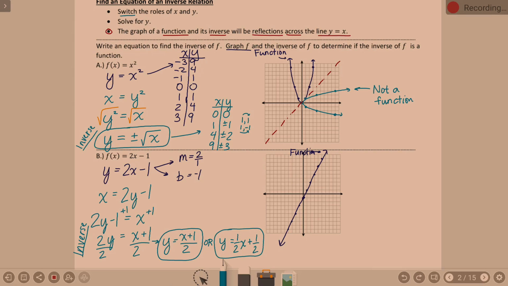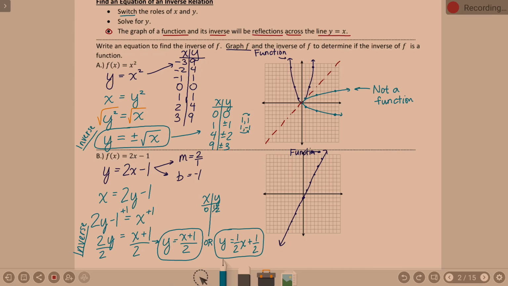So, what else could you do if you don't want to do slope-intercept? Could you do an XY chart? Yeah. Put in 0. And I would even put in 0 here on the left. What is 0 when you put it in? 0 plus 1 is 1 divided by 2 is 1/2. See, we're stuck with fraction. We can work with it.